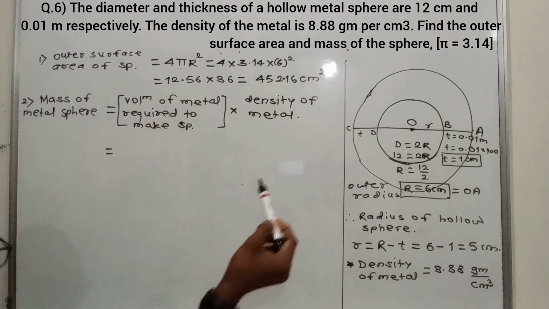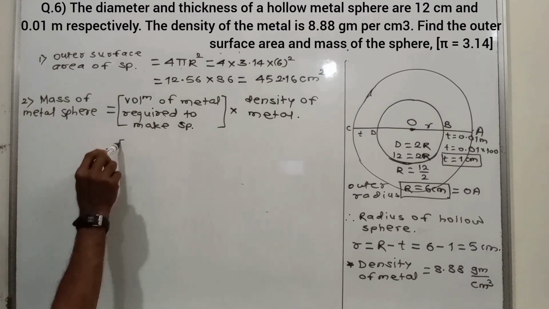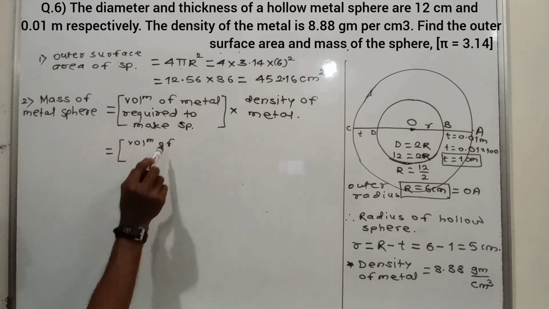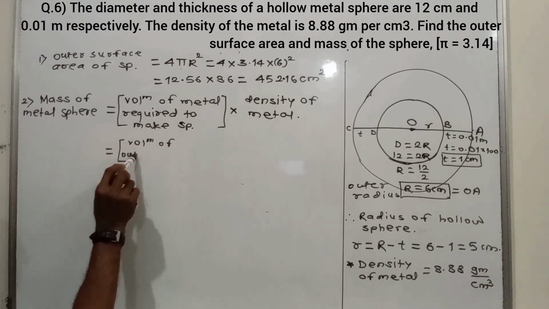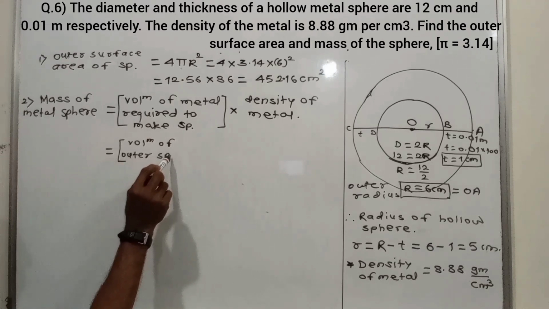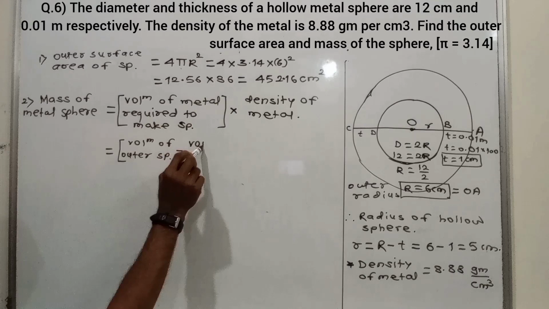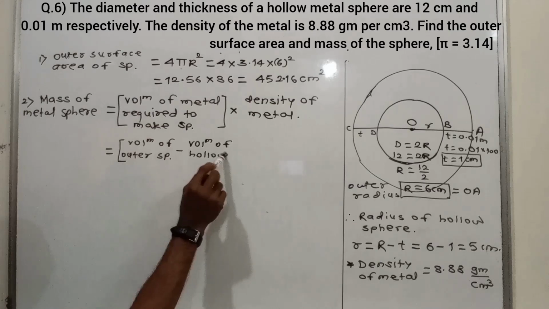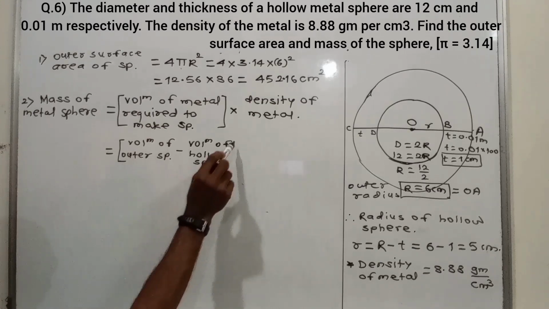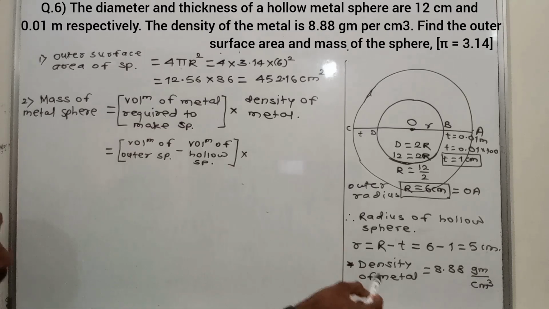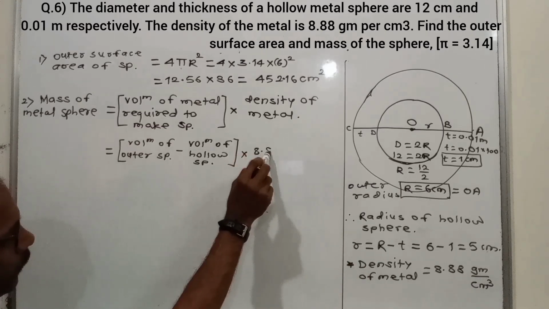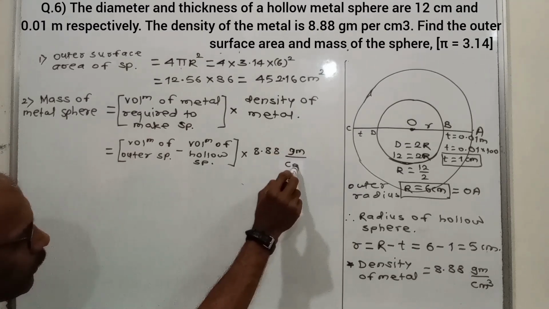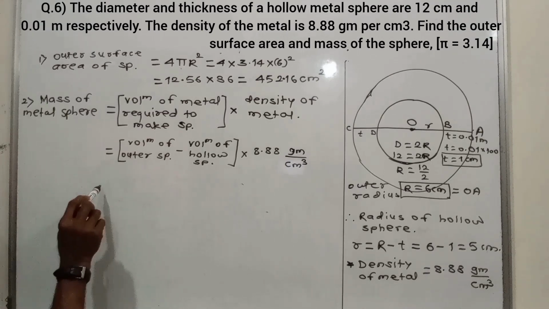to make sphere. Therefore, volume of outer sphere minus volume of hollow sphere into density 8.88 gram per centimeter cube. Okay.